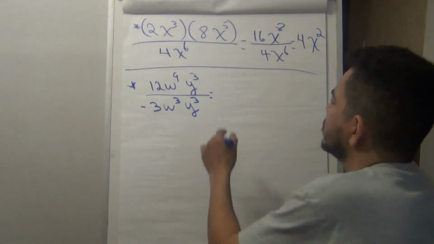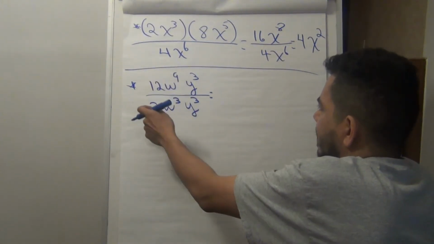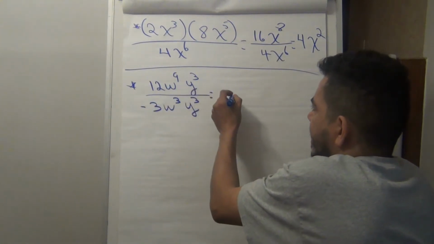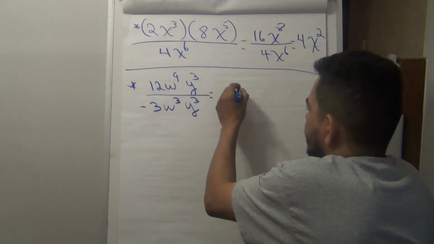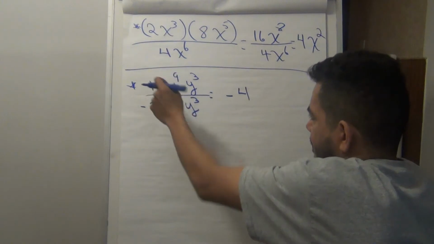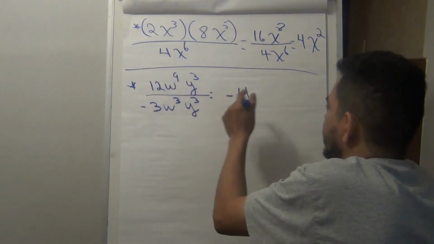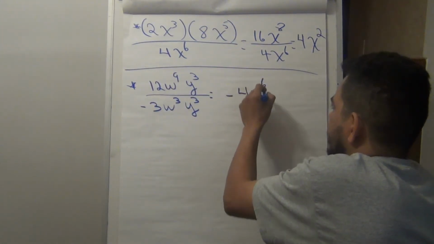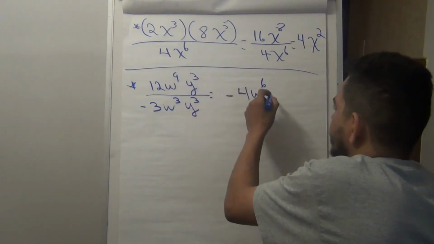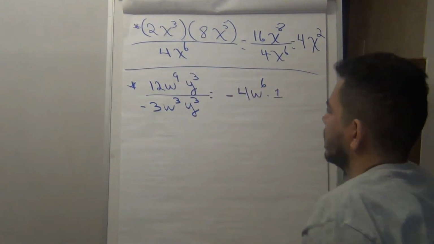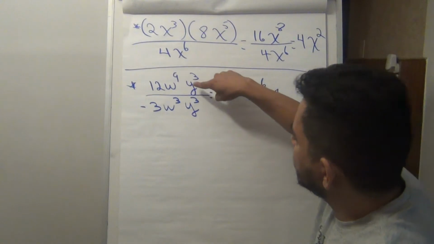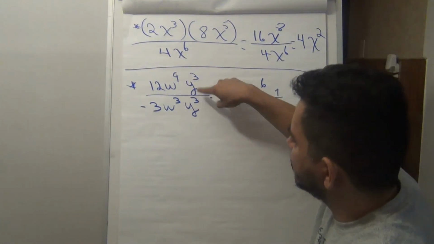Okay. So let's see. 12, positive divided by negative is negative. 12 divided by 3 is 4 on top. W to the 9, W to the 3, that's W to the 6. And y to the 3 over y to the 3, that's 1. How do I know that? Because y to the third divided by y to the third, they're the same number.